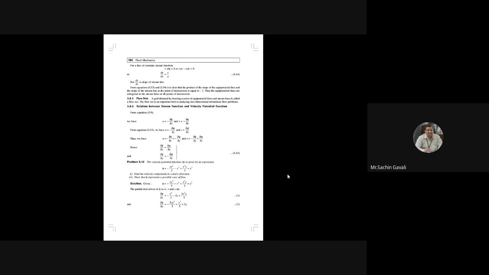This numerical also we have taken: the velocity potential function phi is given by the expression phi is equal to xy. This also we have taken, so now you can solve this numerical for your exercise.